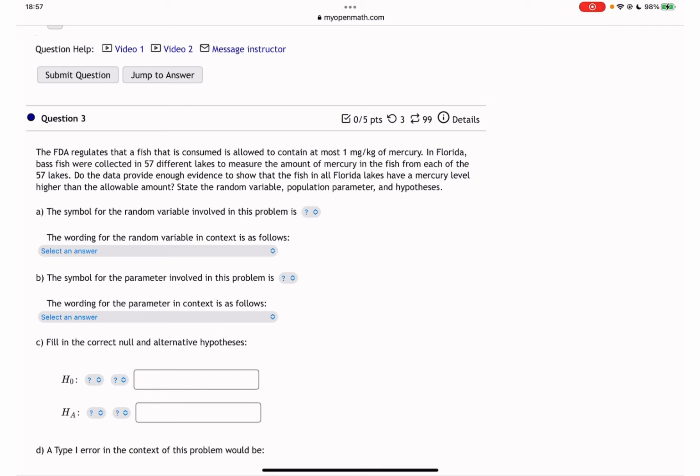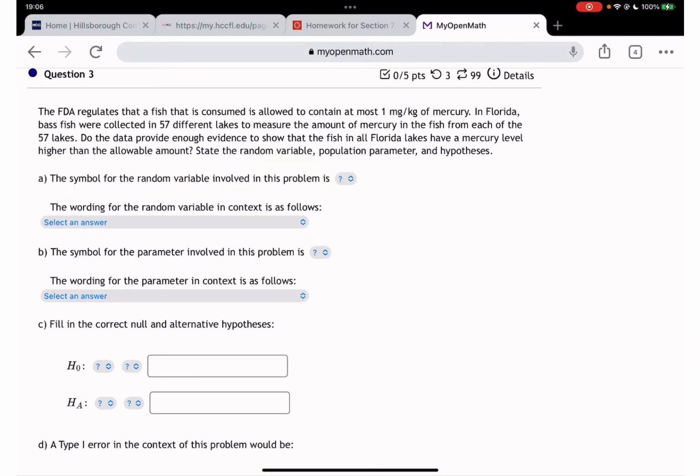Bass fish were collected in 57 different lakes to measure the amount of mercury in the fish from each of the 57 lakes. Do the data provide enough evidence to show that fish in all Florida lakes have a mercury level higher than the allowable amount? State the random variable, population parameter, and hypothesis.